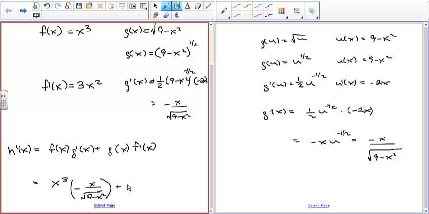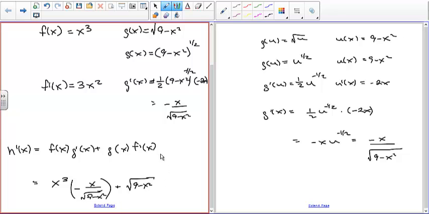And g of x is going to be, I'm just going to use g of x before I've written it as a fractional exponent. So I've got the square root of 9 minus x squared. Now, do we need to put this in parentheses? Not necessarily, because if the square root is over the entire thing, then I know it's together.